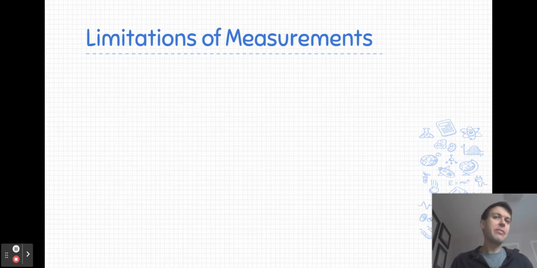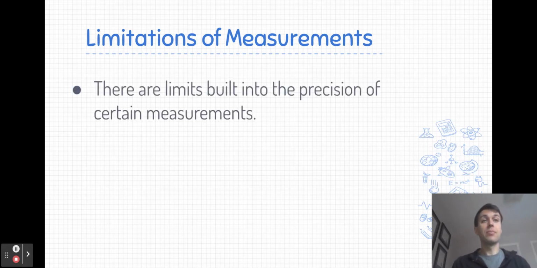The second piece of theoretical framework that we need to introduce before talking about the quantum model is this idea that there are some limitations in the types of measurements that we can make when we get down to a very small scale. These limits are not based upon our instruments, so how precise the instruments are.